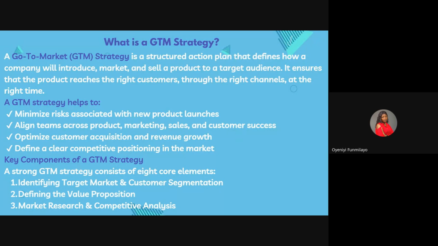You want to come up with a plan that will be different. Do you get? So what are the key components of a go-to-market strategy? I said a strong go-to-market strategy consists of 8 core elements, which is you want to identify your target markets and your customer segmentation.